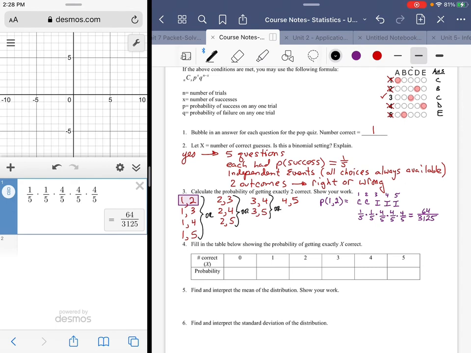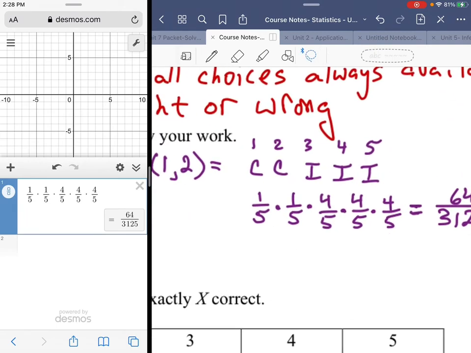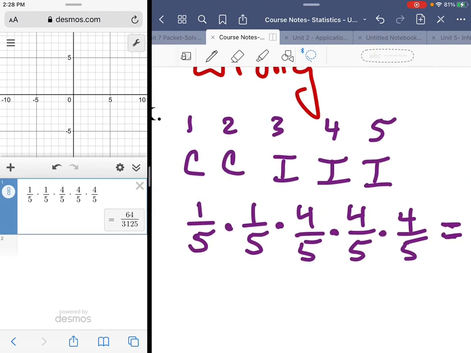A big question is, is the probability of getting the first and the third question going to be any different than the probability of getting the first and the second question correct? If it's just the first and third that are correct and everything else is incorrect, that would be this arrangement.